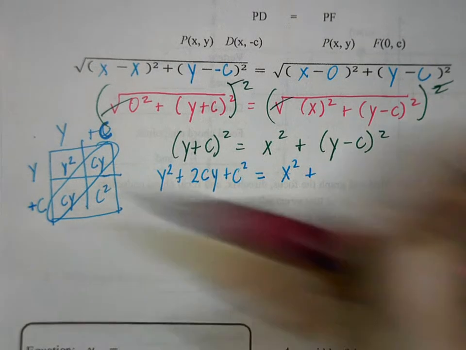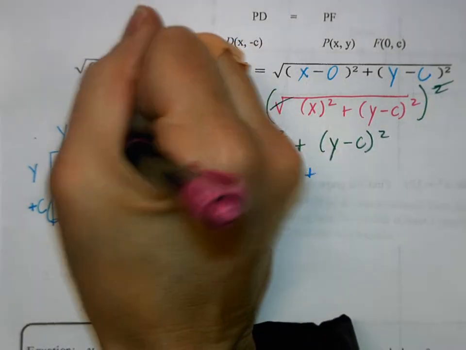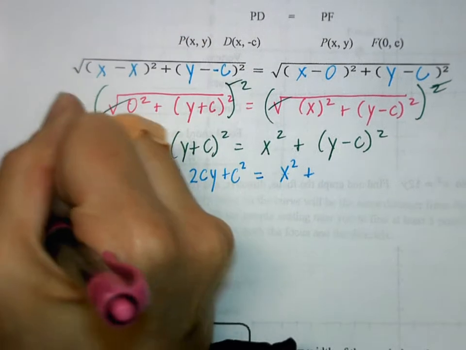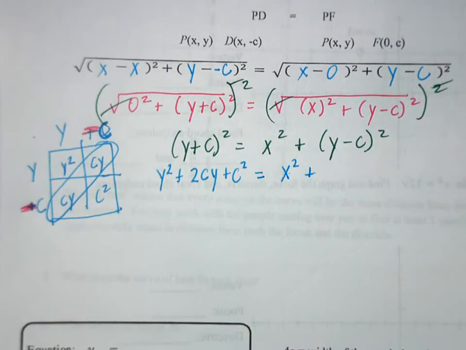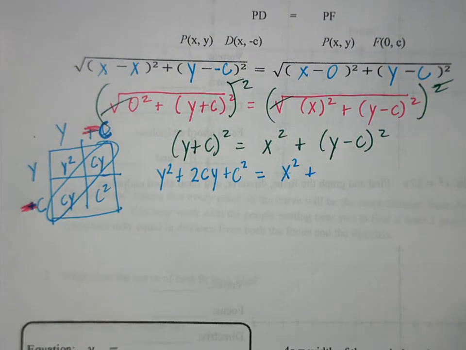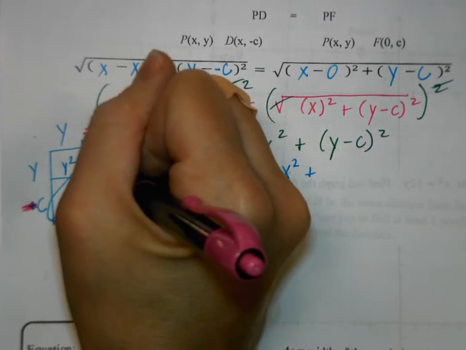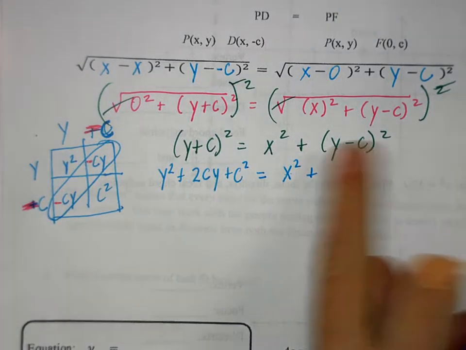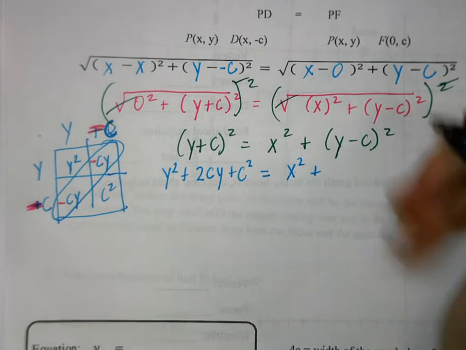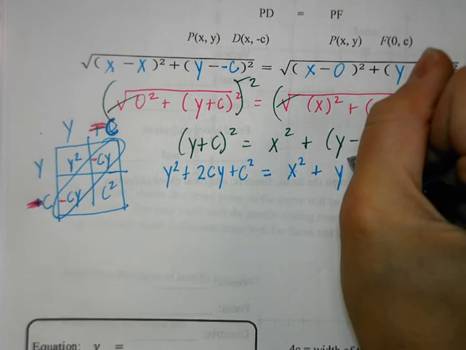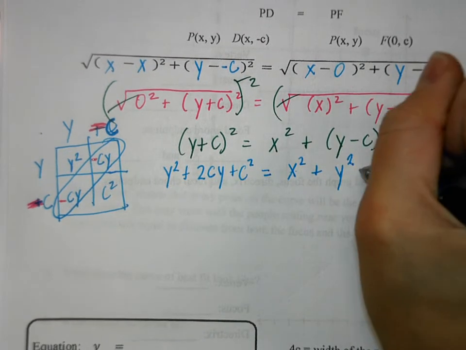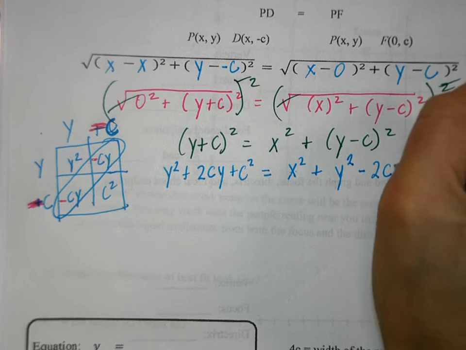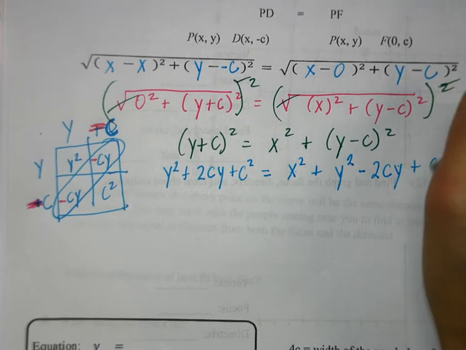what? So if I make that a minus c and a minus c, what happens in my Punnett square? Good, both of these end up becoming negatives. So when I write it out, what will it be over here? Good, y squared minus 2cy plus c squared.